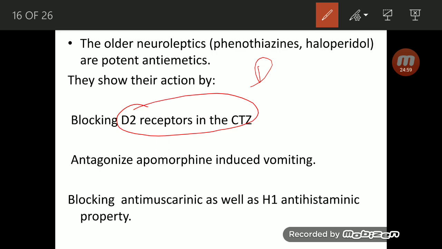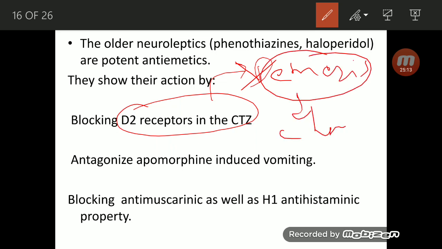Since they block D2 receptors on the CTZ, they can be used for treating emesis induced by chemotherapy. They can be used to treat emesis produced by chemotherapy during cancer, but they are not the drug of choice in case of chemotherapy induced emesis.